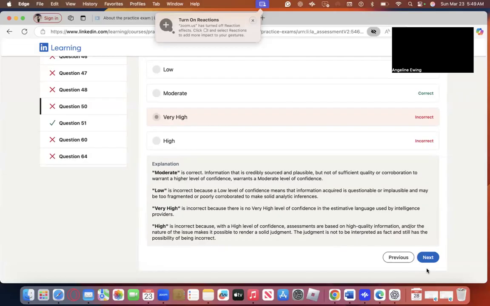Very high is incorrect because there is no very high level of confidence in the estimative language used by intelligence providers, and high is incorrect because with a high level of confidence, assessments are based on high quality information and/or the nature of the issue makes it possible to render a solid judgment. This judgment is not to be interpreted.